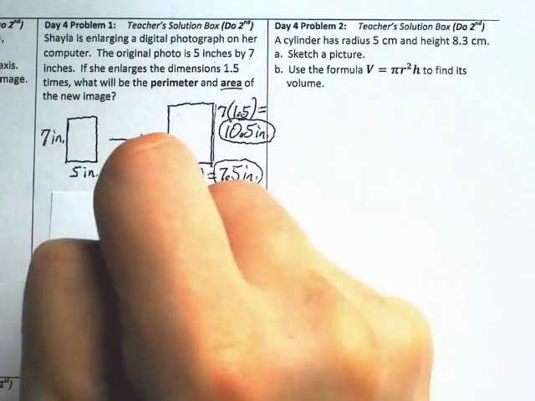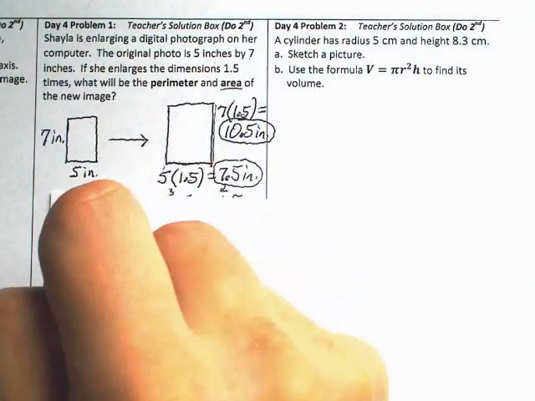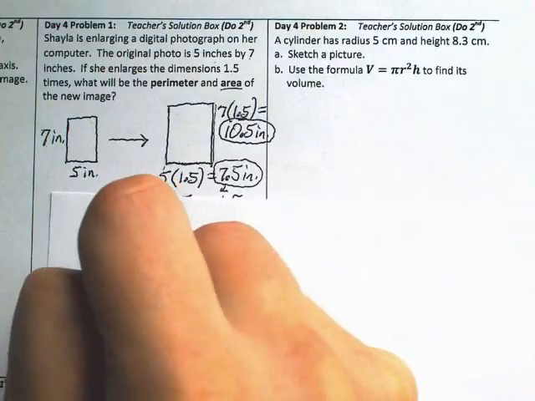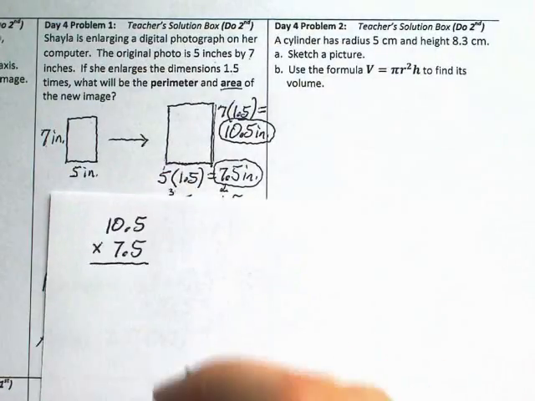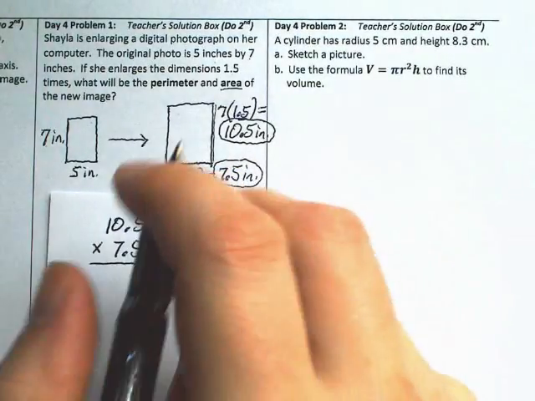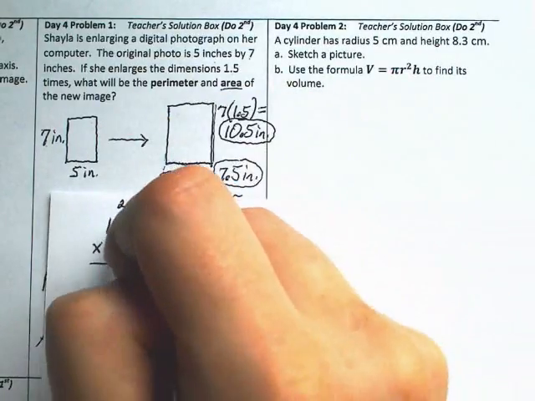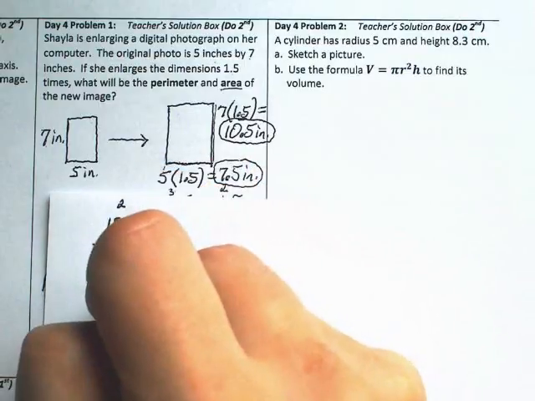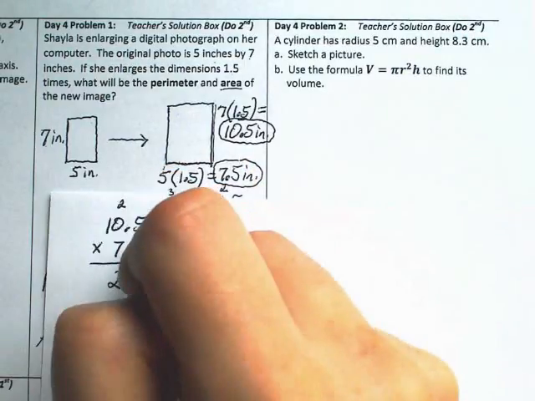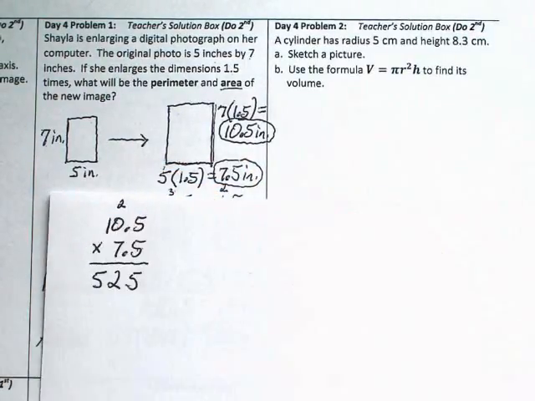We have 10.5. We'd like to multiply by 7.5 and see what that makes. So 5 times 5 is 25. Carry a 2. 0 times 5 is 0, plus the 2 is 2. And 1 times 5 is 5.